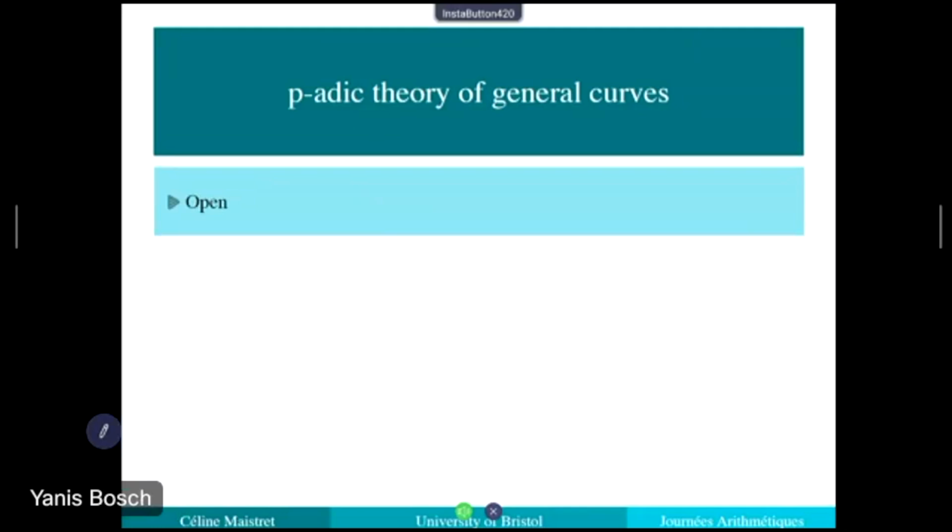This is what I meant. Given a curve, what do you need to extract to really capture all the p-adic geometry of that curve? And for general curves, it's a very fascinating and active research area, but I think it's fair to say that it's still open at the moment.